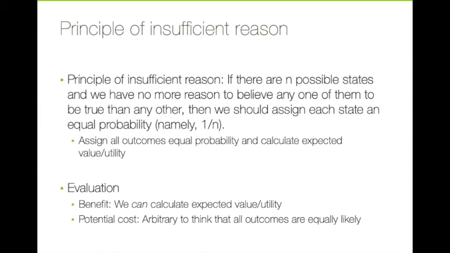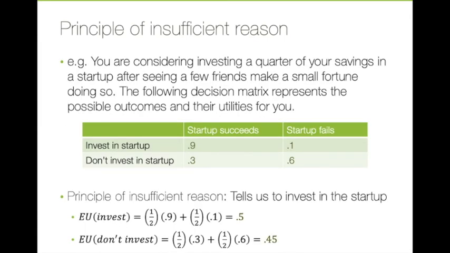However, many decision theorists criticize this principle as being kind of arbitrary. And that's because just because we don't know that the probabilities of the outcomes are one thing or another, it doesn't mean that they're all the same, that they're all equally likely. Setting aside the reasons for skepticism about this rule, we still should know how to apply it.